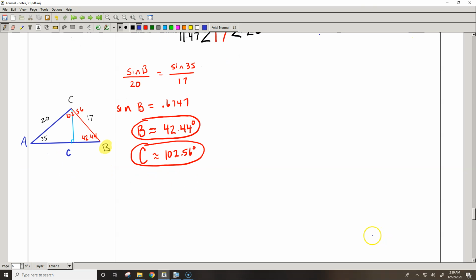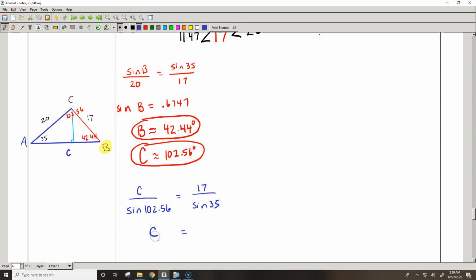So we would use the law of sines yet again and solve for side C, and then we would have our one solution. We'd have one triangle that we know is an answer. So if we're solving for side C, now I would use the law of sines again. In this case, I'm going to say C divided by the sine of its opposite angle, 102.56, is equal to, and then you can pick any combination you want. In this case, I'm going to stick to the original, 17 divided by sine 35.